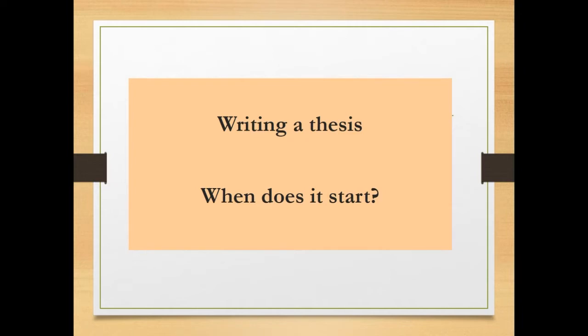So dissemination will end with writing a thesis, or writing a dissertation, or writing an article, or writing a paper proceeding, or a book chapter. Whatever it is, it will be writing. But in our case, we are looking at academic writing, which is more postgraduate. So when does it start?